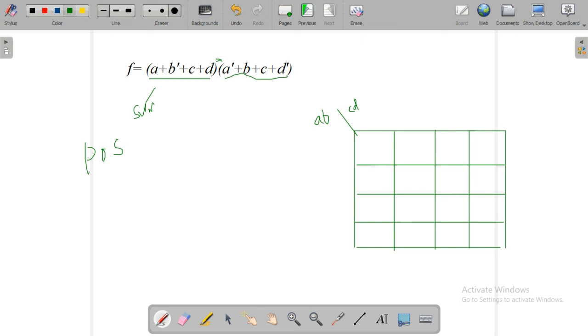So here you can fill the values. A small change will be there. A, B and C, D, 4 variables are there. So 2 variables we are taking horizontally, and the other 2 variables vertically. So here we have to write 2 values: 00, 01, 11, 10. This is the values here, and the same 00, 01, 11, 10.